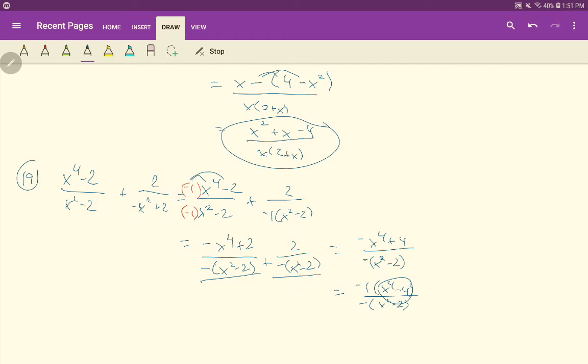So this does factor to be x squared minus 2 times x squared plus 2, all over negative 1 times x squared minus 2. I can cancel out those x squared minus 2's, and so you get negative x squared plus 2 over negative 1, and the negative 1's also cancel, and so there's our final answer right there.